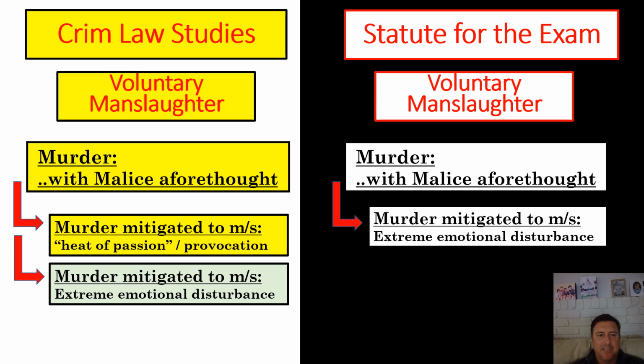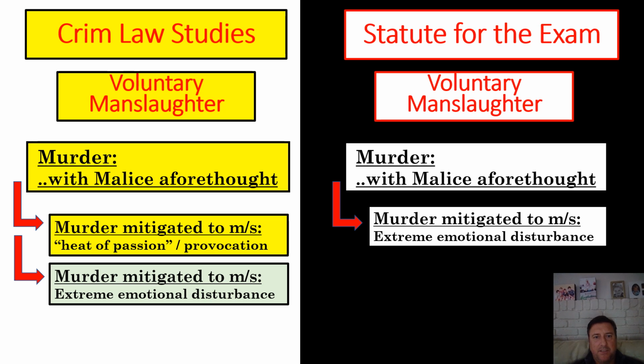And then here in the slide that we land on, we're talking about what I do with my voluntary manslaughter statute. I have choices. I have choices in the way statutes have sort of deviated from common law because of some of the problems associated with it. So I might have a murder statute like I did in the previous slides. And how does it mitigate to manslaughter, voluntary manslaughter in particular?